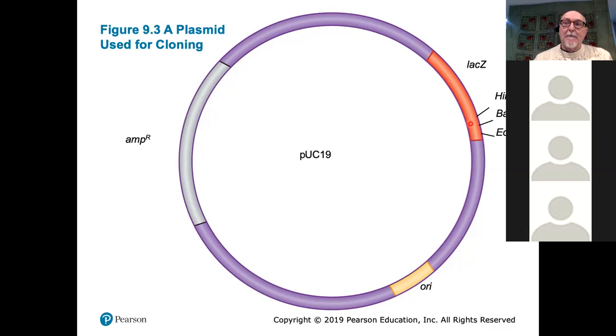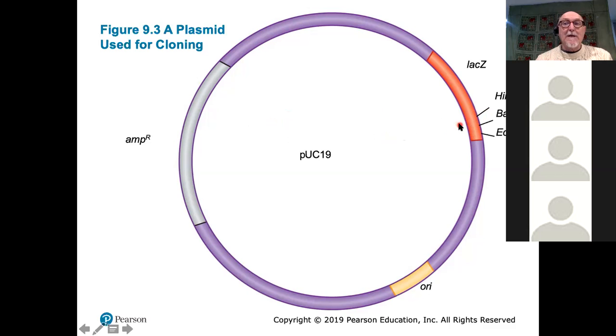into this vector. Because if we have a strand of DNA with a gene on it, and we cut that gene on either side with HindIII, and we then cut our plasmid with HindIII, we can glue our DNA piece that we've cut out, we can glue it in here at the HindIII site.